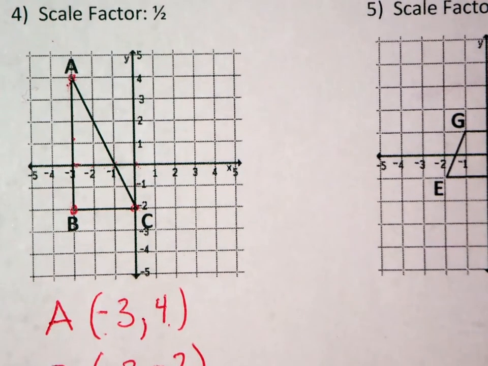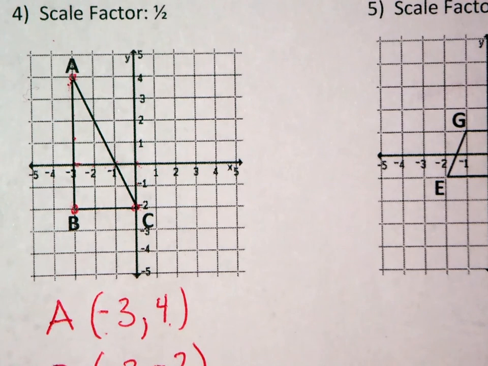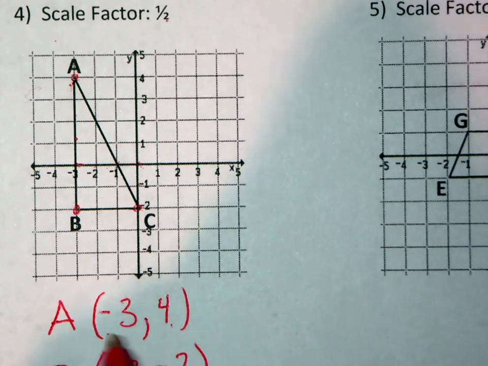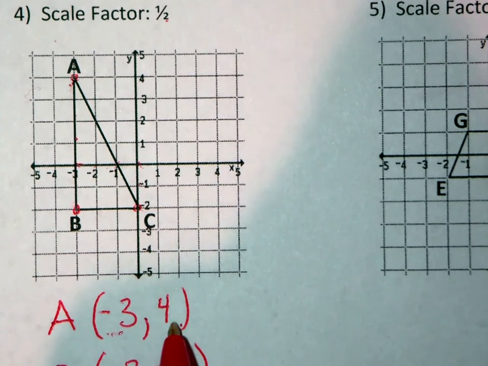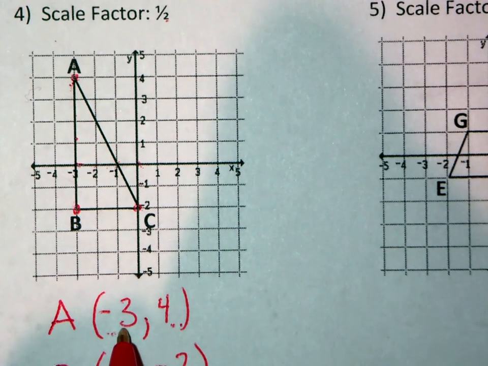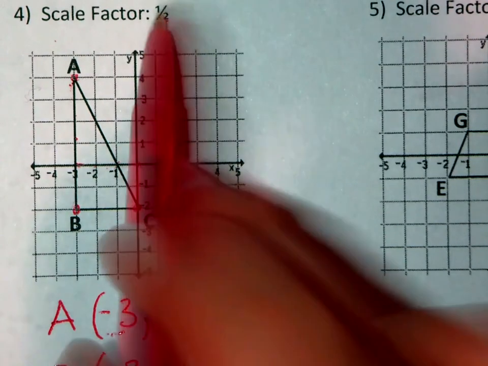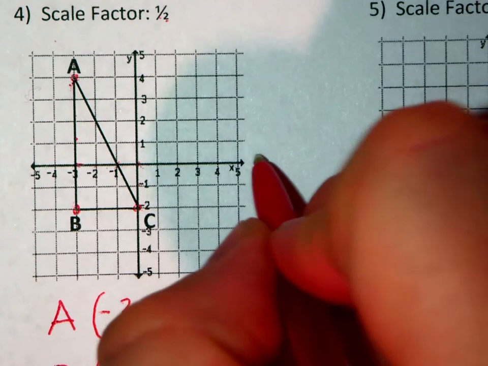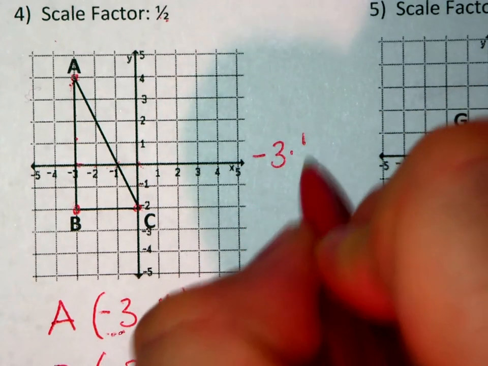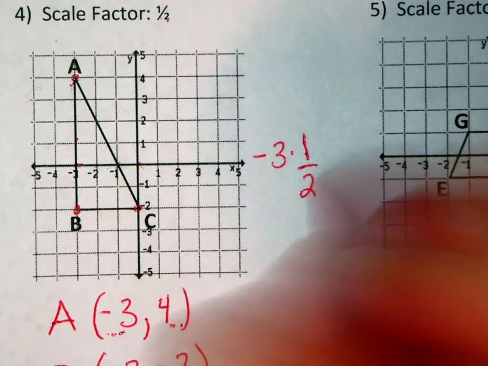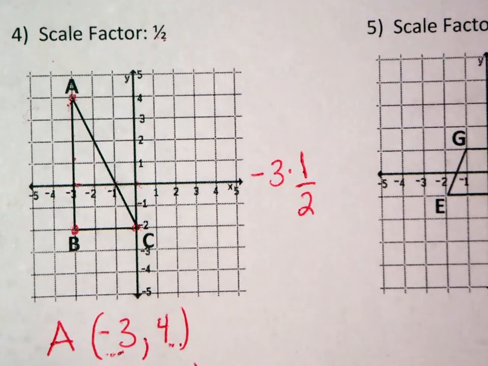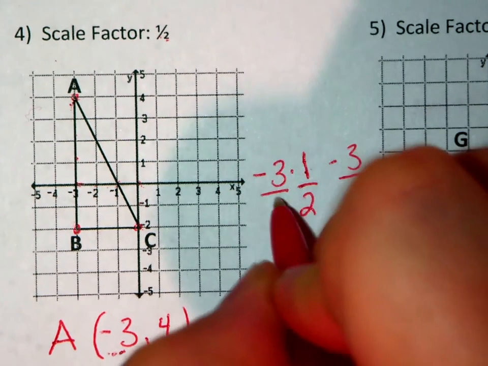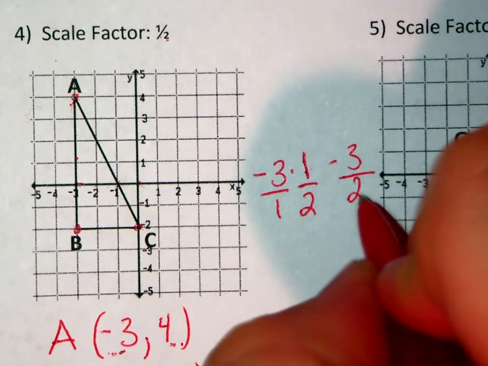Next thing I'm going to show you, I'm only going to apply it to A, but you can apply it to every one of your ordered pairs, is the scale factor. So for the scale factor, we take each ordered pair and each value within that ordered pair and multiply it by our scale factor. So our x value of -3 times 1/2. Negative 3 times 1, that's still negative 3. 1 times 2, that would be 2.